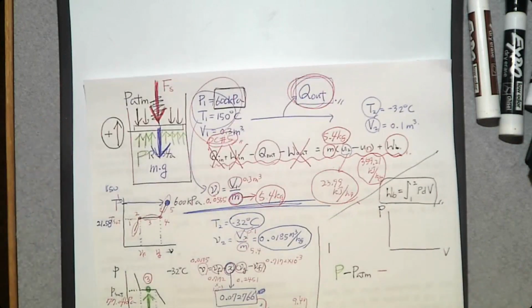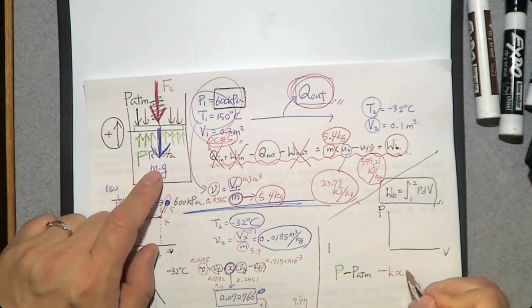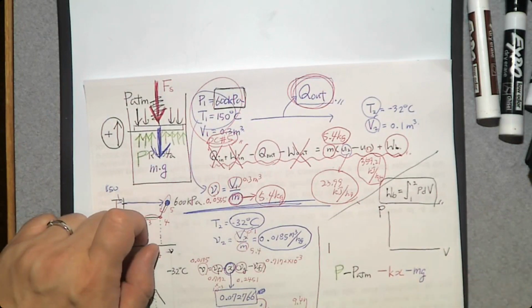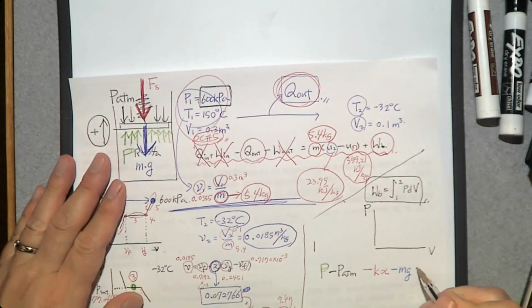How do you determine the spring force? F is Kx, K is the spring constant, times x, the distance. And the weight of the piston, minus mg. And if the piston does not move, it means that the sum of these terms should be 0.